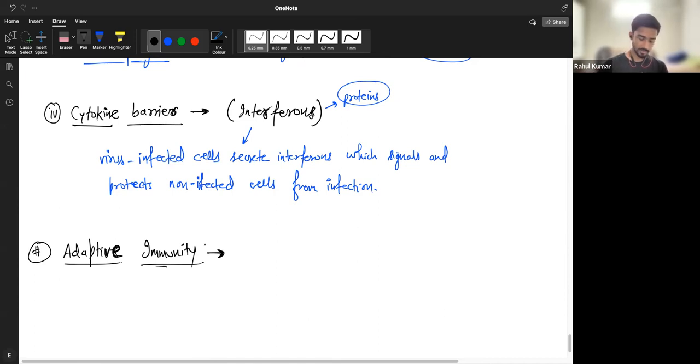So write down a few things about acquired immunity. Acquired immunity is pathogen specific, and this immunity has a memory.